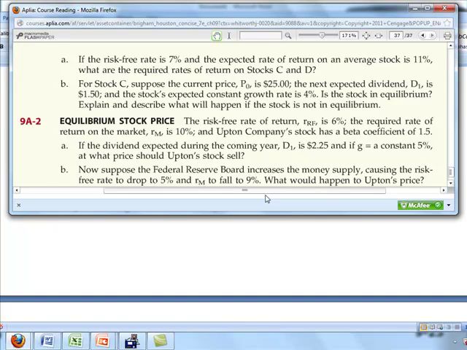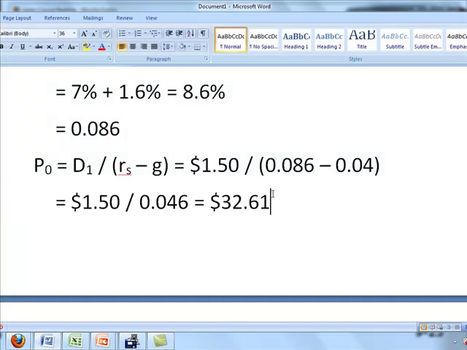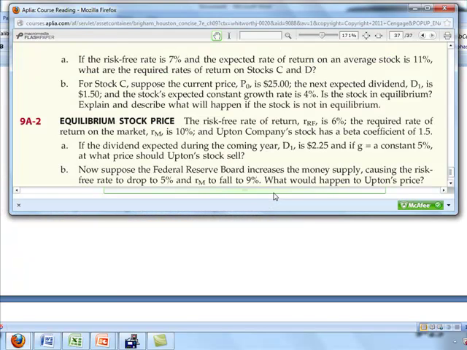Clearly it's not in equilibrium, because the stock price should be $32.61 as we calculated over here. But it isn't $32.61. It's too low. $25 is too low. The current stock price is lower than it should be based on what we know about it. And so this stock is undervalued. It is not in equilibrium.